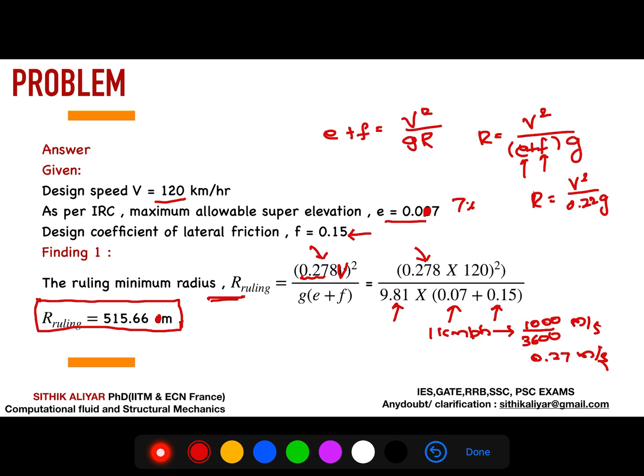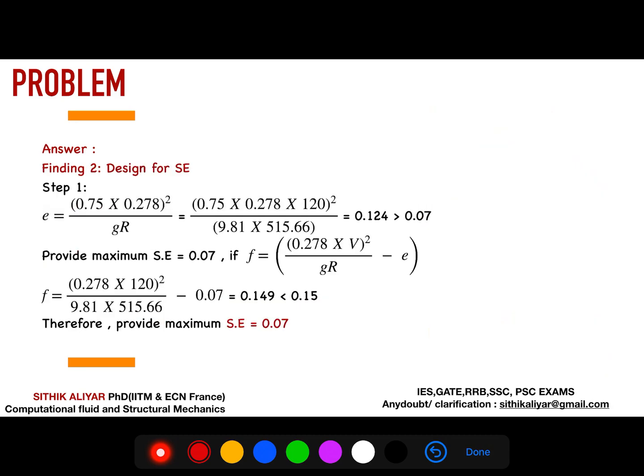So this is finding 1, we found the radius. You should memorize this answer also: for 120 km per hour, we are getting a radius in terms of 500 meter.